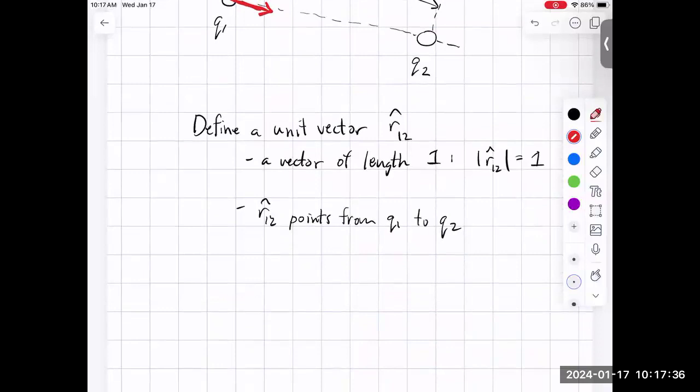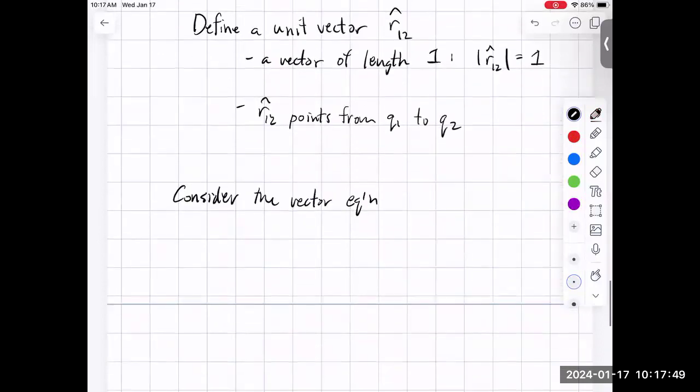Okay, so let's summarize those observations. So we're going to consider the vector equation. We'll write this as F1, 2. This is going to represent the force on Q2 due to Q1.